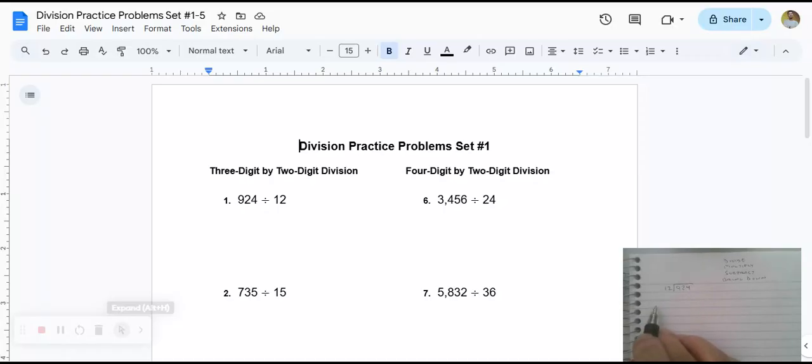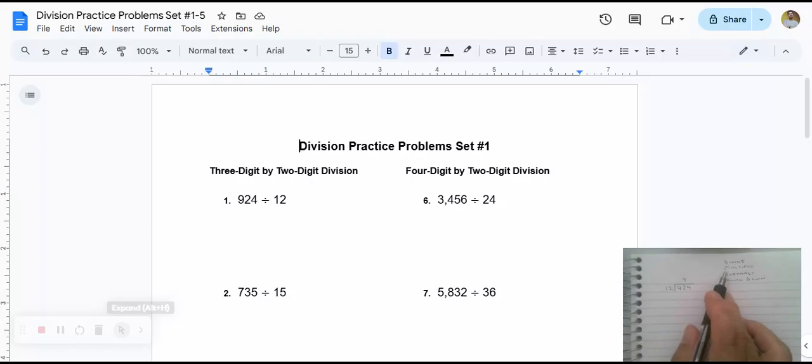That's way too high. If I try 8, 10 times 8 is 80, 2 times 8 is 16, and 80 plus 16 is 96, still too high. So we'll try 7. That will work. 92 divided by 12 would get us 7 point something.